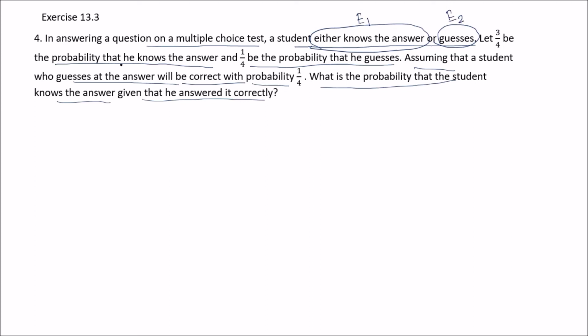3 by 4 is the probability he knows the answer and 1 by 4 is the probability he guesses the answer. So E1 is he knows the answer. E2 is he guesses the answer.